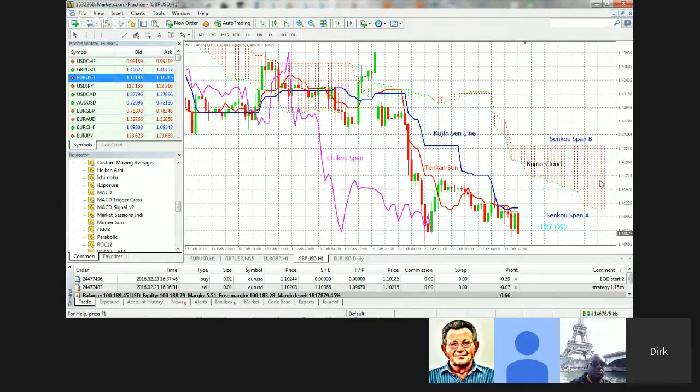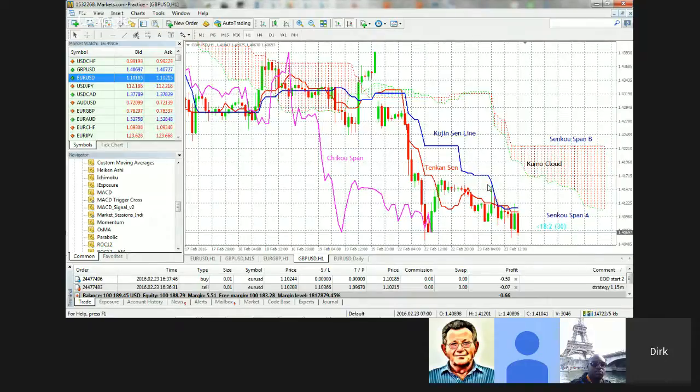And this is clearly red, which indicates that it is indeed a bearish trend. So the future Kumo gives us an idea of the trend as well, and more importantly, where price is situated compared to the cloud. So that will tell us whether it's bullish or bearish. So this one is bearish.